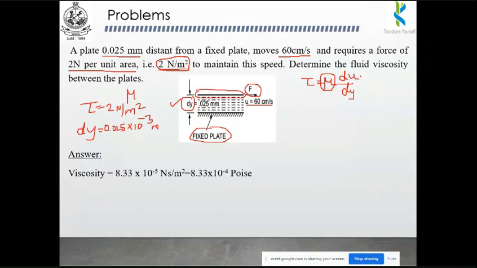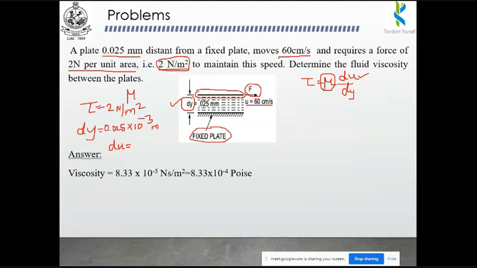Then what is the value for this du? What is du? Change in velocity. It is not speed, it is change in velocity. So du is actually u2 minus u1. I already told you that if the initial velocity is not available, you can use u1 as 0.